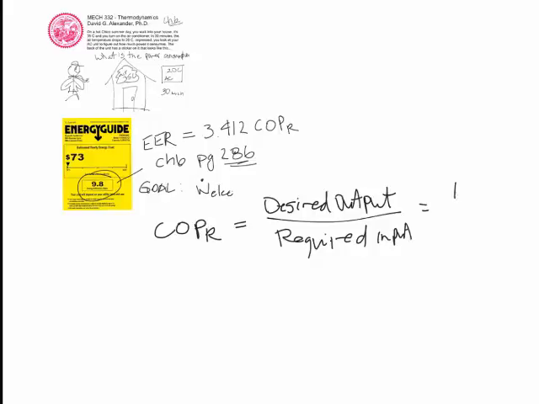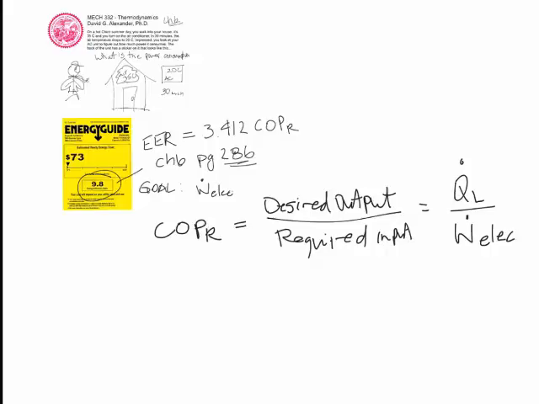The desired output for a refrigeration unit is the cooling, and we're talking about rates, so we put a dot on top, and the rate of work in to our refrigeration unit in order to get that rate of cooling is going to be the electrical work in.